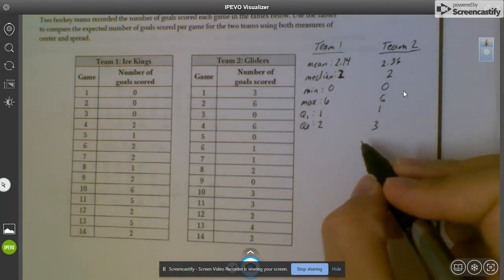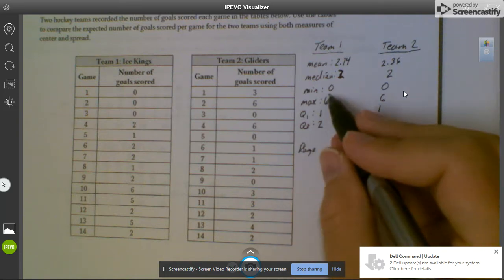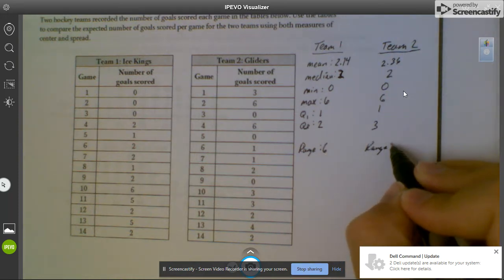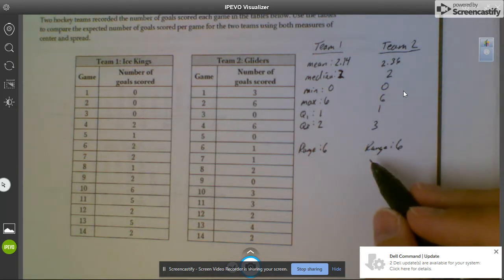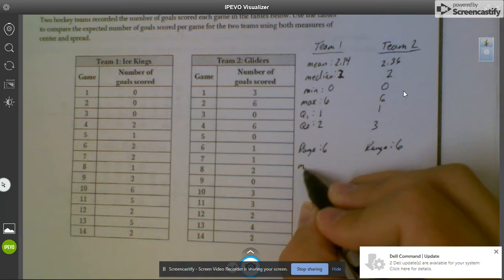So let's get a couple of them out of the way. The range for team 1, which is your max minus your min, is 6. The range for team 2 is also 6. Okay, so the gaps are exactly the same. The medians are the same.